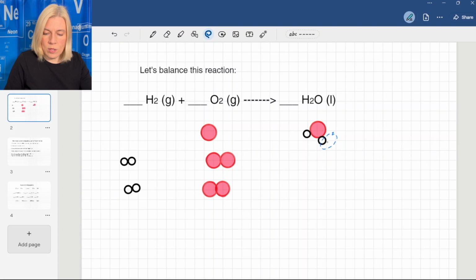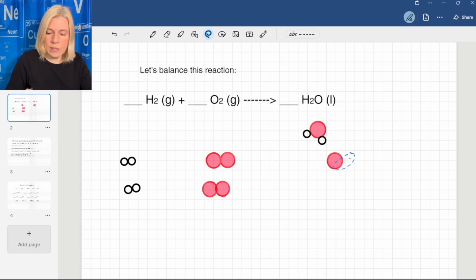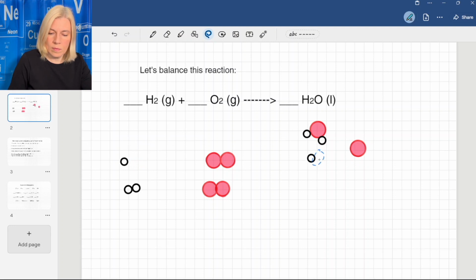So I used one hydrogen molecule, but I only used half of an oxygen molecule. I cannot have just half an oxygen atom. So let's make one more water. I'm going to move this oxygen here, I'm going to move this hydrogen over, and I'm going to move this hydrogen over.